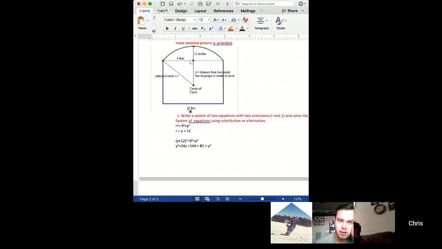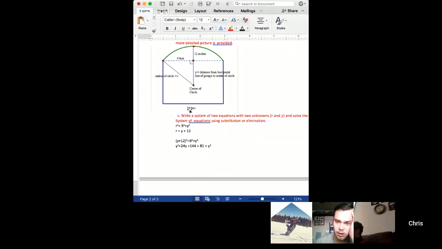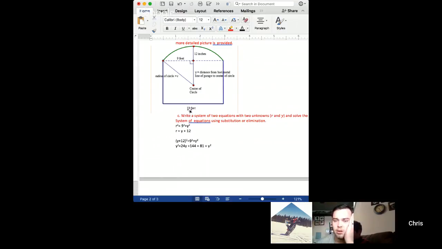Okay, so the width of our arc is what? 18? It's that long, right? Yes. And then the height of our arc is only 1 foot. Yes. Mm-hmm.